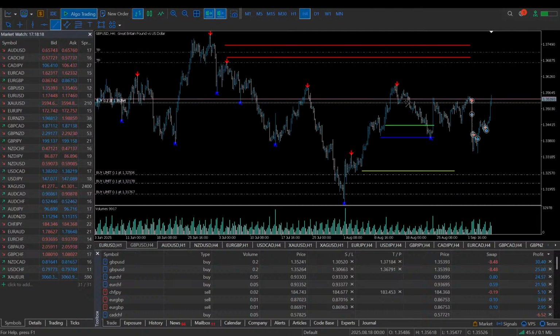If you notice what we've had here, we had a sort of flag structure in place that has now been triggered.